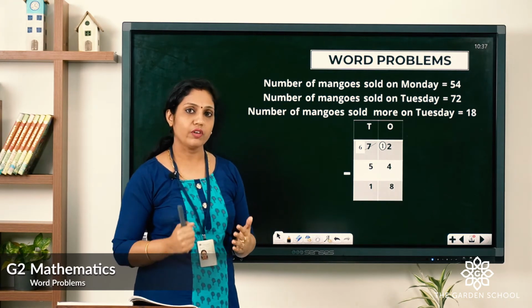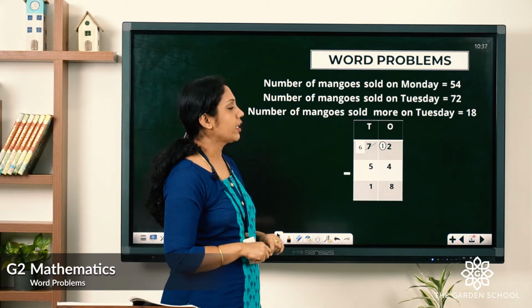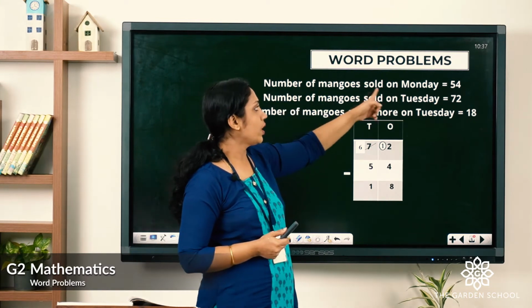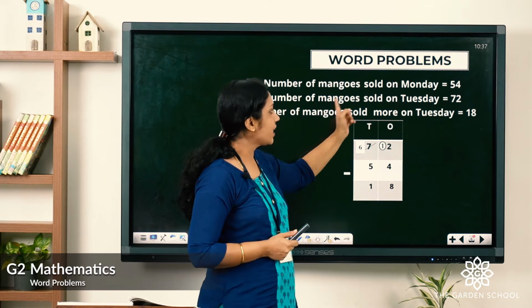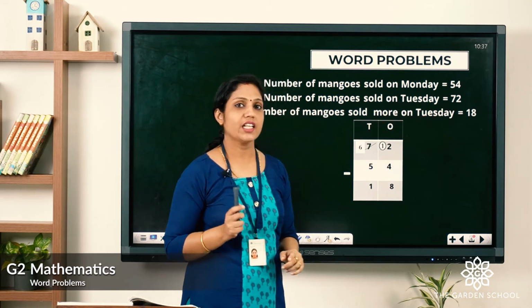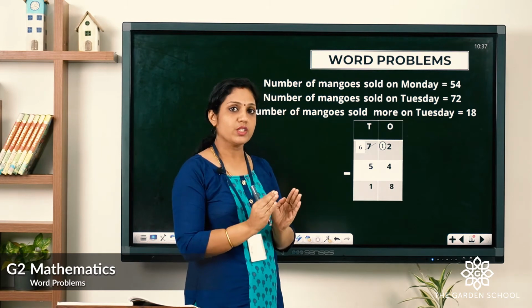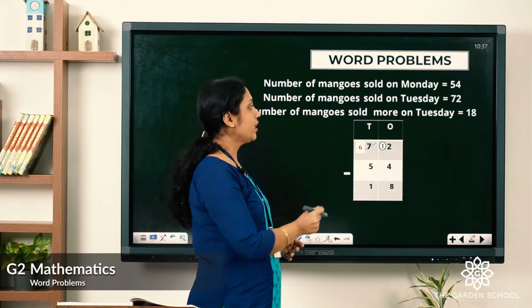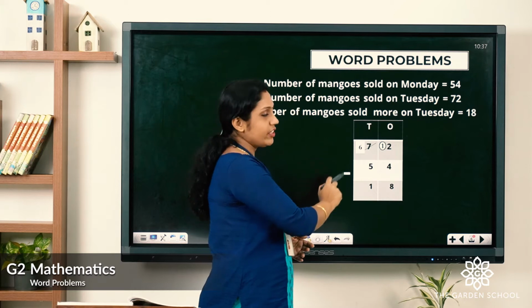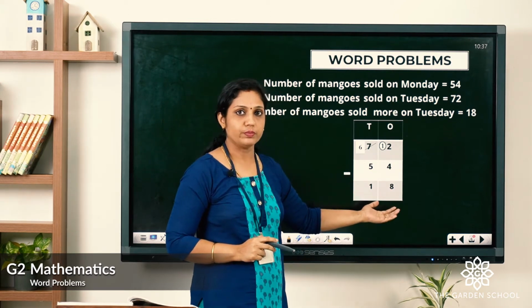For finding out what we have to do, we need to subtract. But here first one is 54 and the second step is 72. But understand the question properly. We need to find out how many more mangoes were sold on Tuesday. For doing that, we have to subtract 72 minus 54.